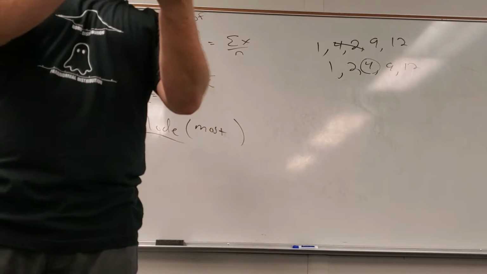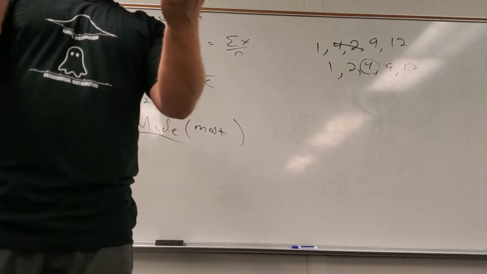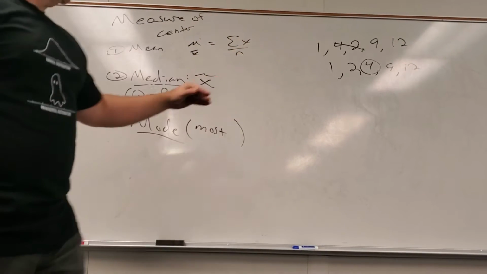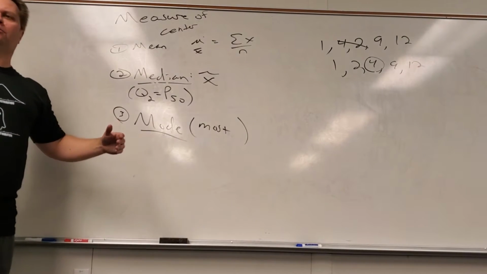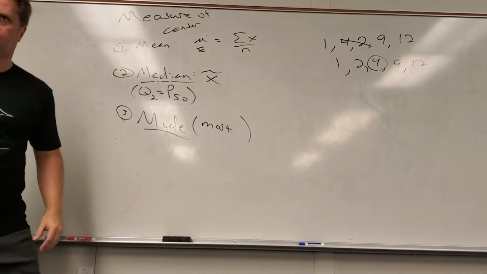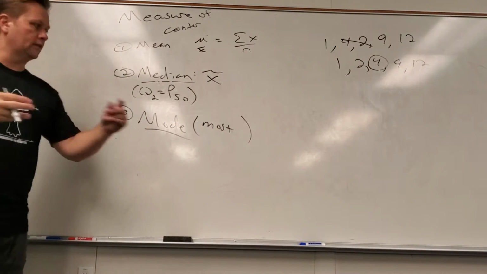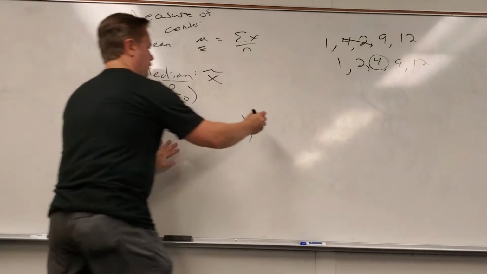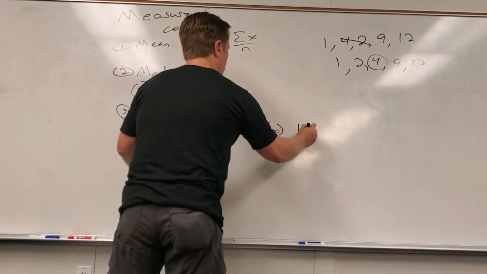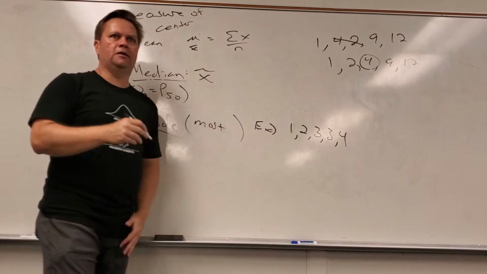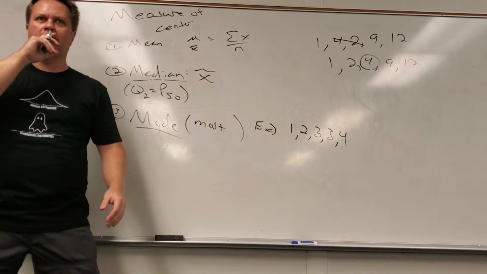If I went out there and wrote down all the cars that I see, the mode would be the car type that occurs the most. So this is the only measure of center that also works for qualitative data. What does it look like when it's quantitative data? For example, what's the mode here? 3.